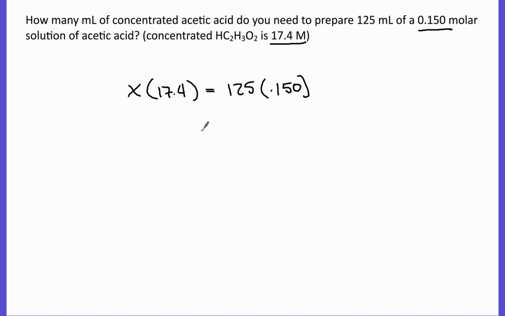So solving for X, I get an answer of 1.08 milliliters. Essentially, if I took this many milliliters of my concentrated acid and diluted that volume to 125 milliliters total, I'd end up with a 0.15 molar solution. So pretty simple calculation, not that hard to do. That's all we need for this video.